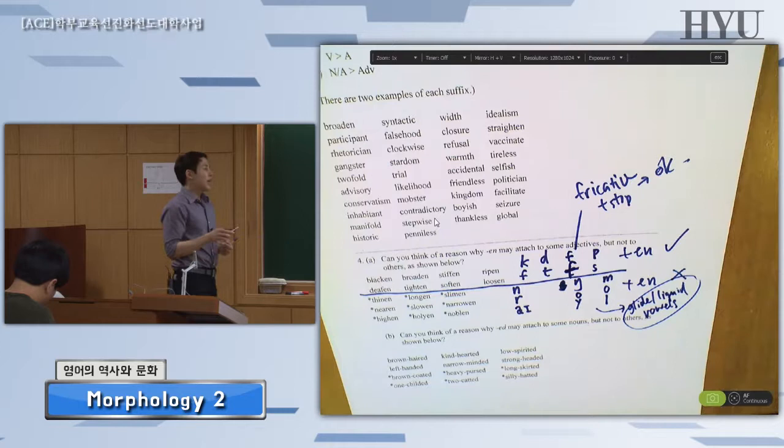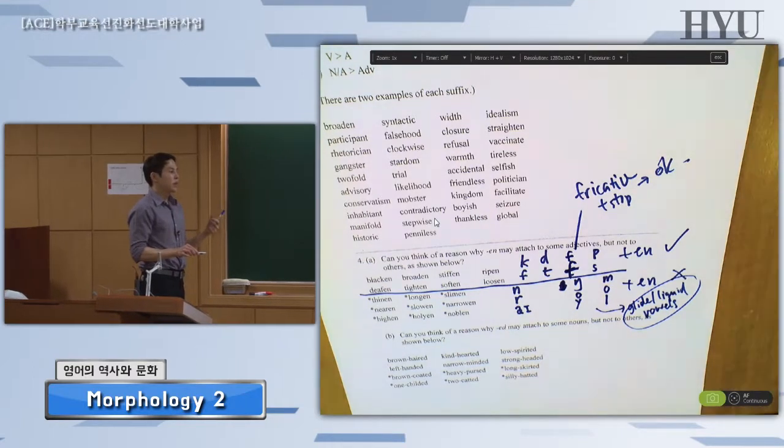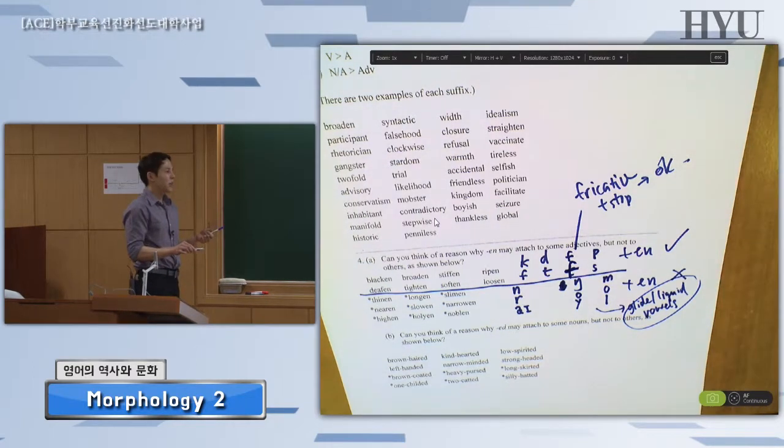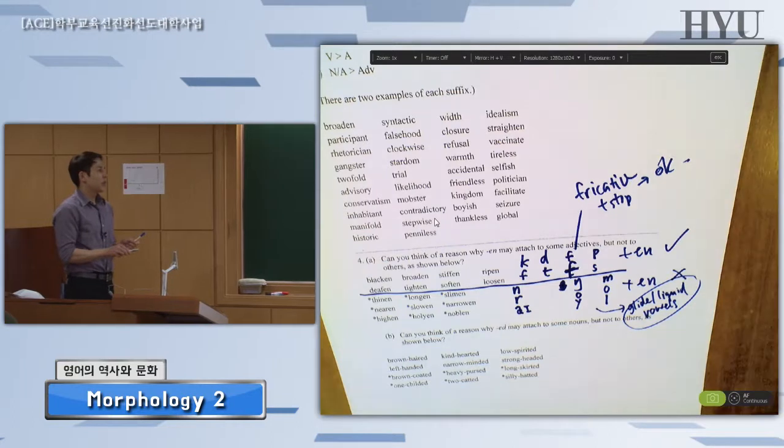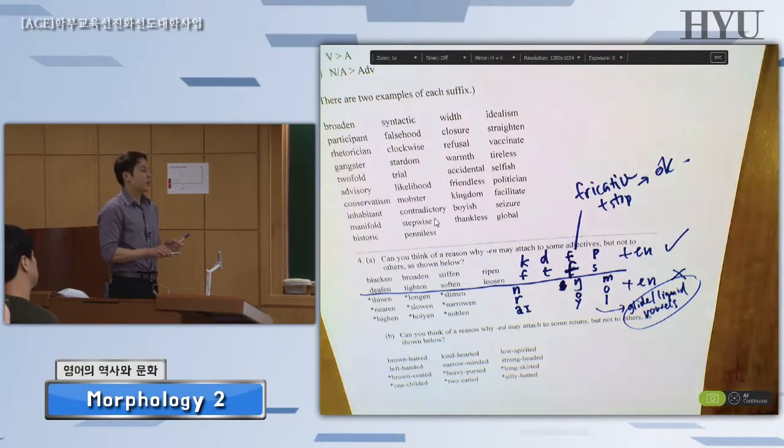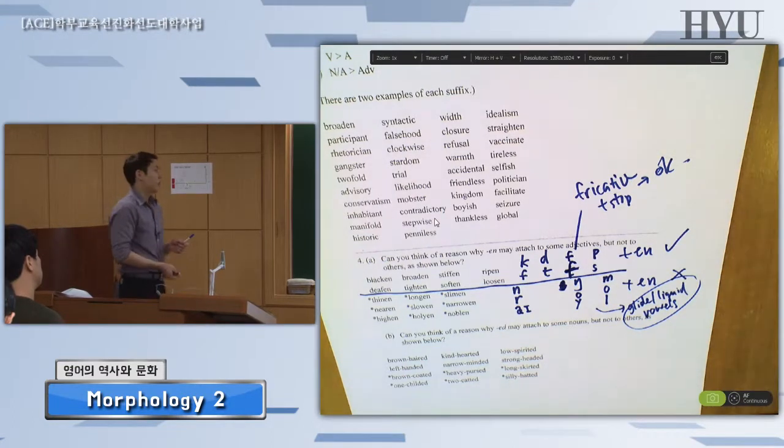So it seems that English-speaking people would add EN to adjectives that end with a fricative or a stop, but they wouldn't attach the EN to words that end with a glide, a liquid, or a vowel. So it seems to be a phonological reason, because you see that no fricative and stop would appear here.